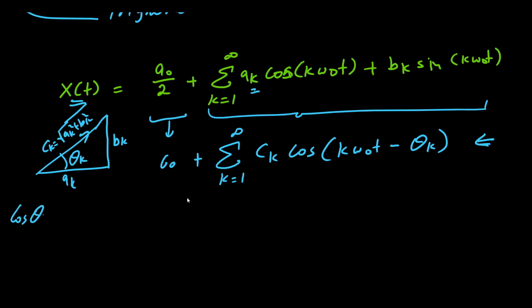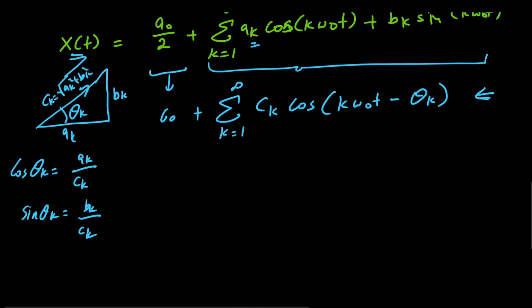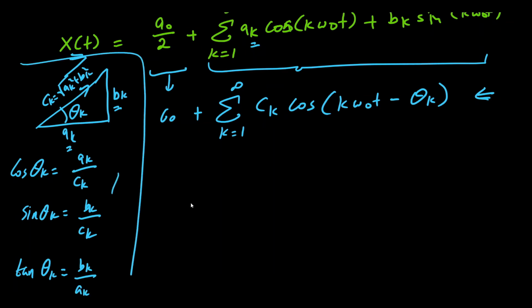Furthermore, cos theta k is simply ak by ck, sin theta k is bk by ck, and lastly tan theta k is bk by ak. So now plugging in all these values in this expression, we would arrive at this expression.